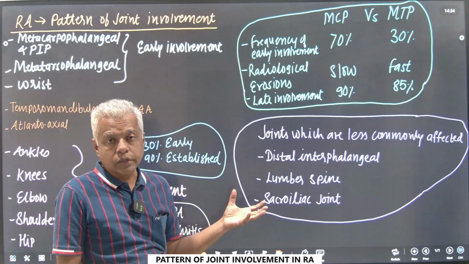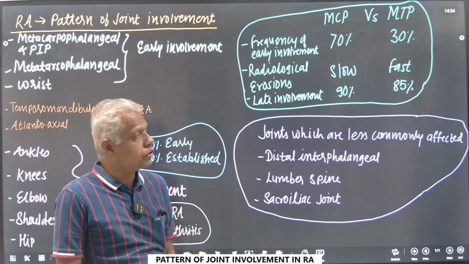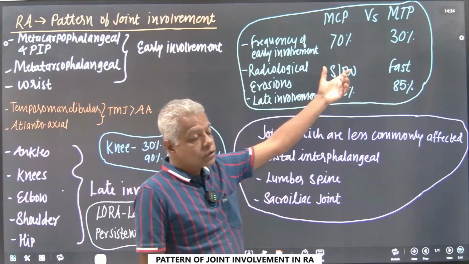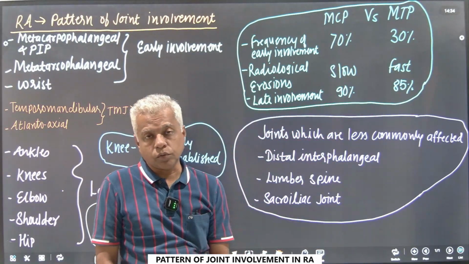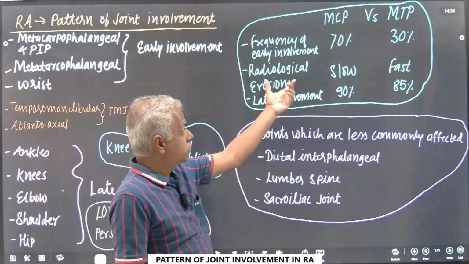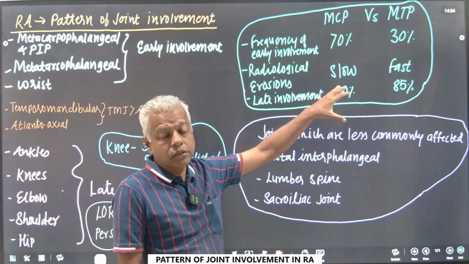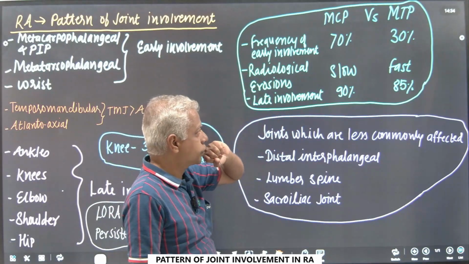So erosions means what? The damage to the cartilage or damage to the bones that we are getting in the X-ray findings or other things also. Those are very fast with the metatarsophalangeal. Why? Because of the weight bearing. Okay, these are the joints which are concerned with weight bearing, metatarsophalangeal, and that is why the damage in this joint is fast as compared to the metacarpophalangeal joints.